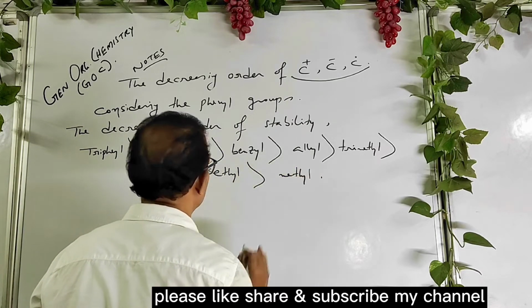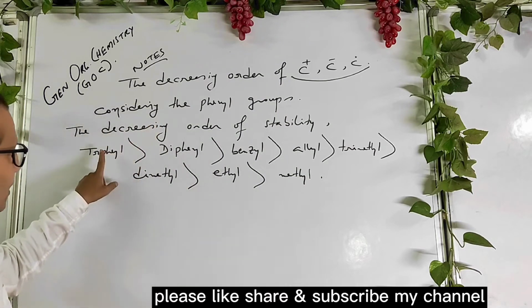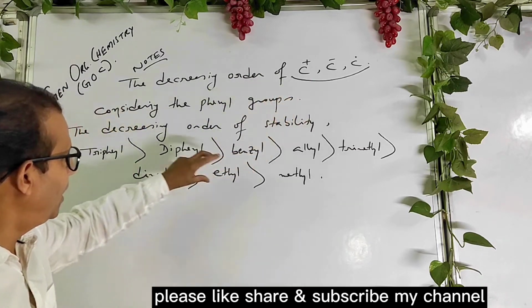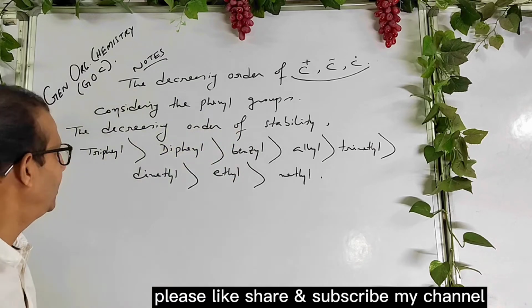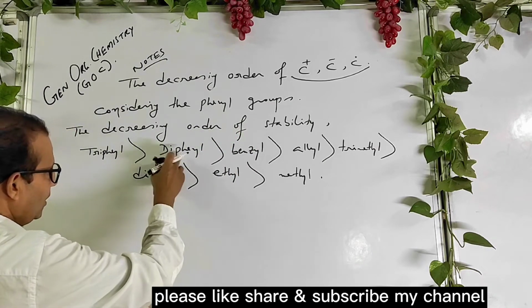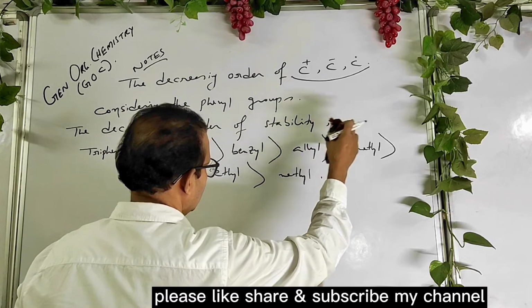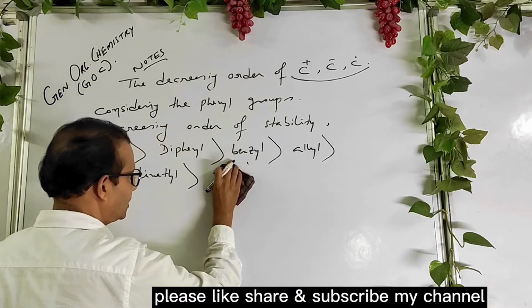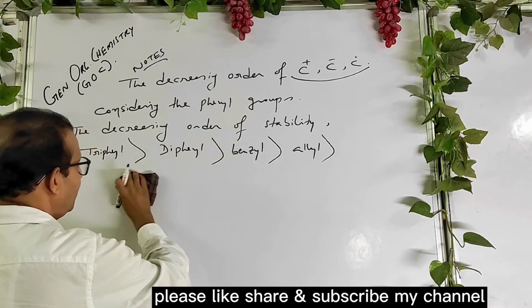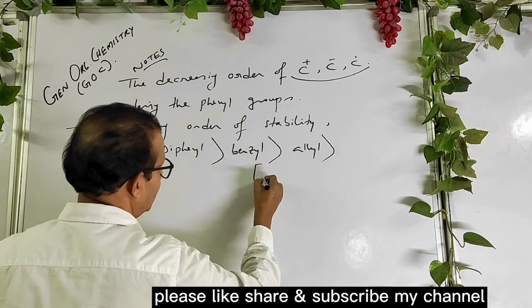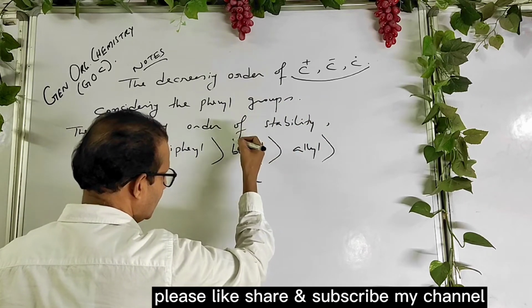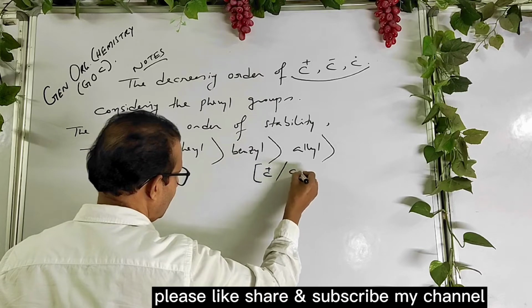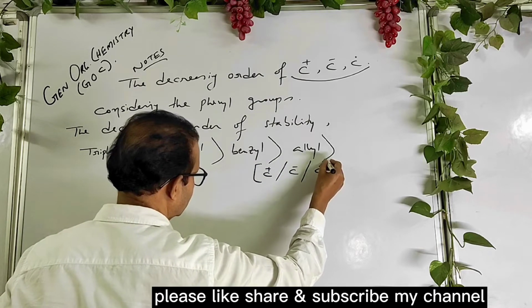So remember it, this is the stability order of carbocation and free radicals as well as carbanion. Triphenyl, diphenyl, benzyl, allyl. And the last one I have already discussed earlier. So this decreasing order of stability is followed by all carbocations, carbanions or free radicals.